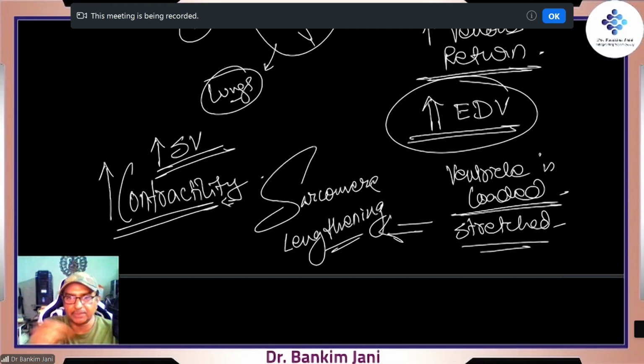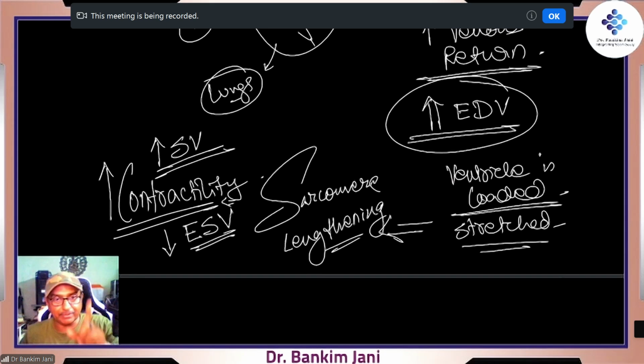Because it will be pushing the good blood out with every stroke. And as very rightly what you said, increased contractility will also lead to decrease in end systolic volume. Right? So end systolic volume, that means the amount of blood which will be left out in the ventricle, that would be very low because it is pushing and throwing the blood.